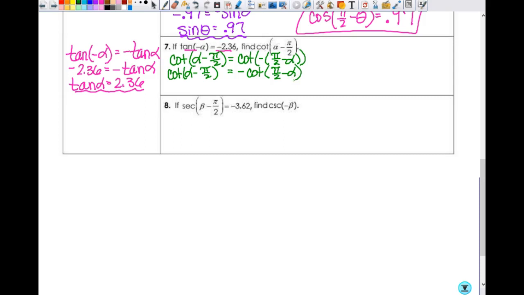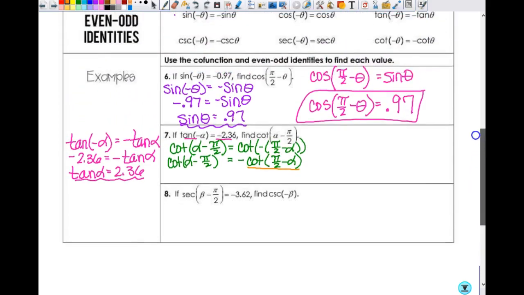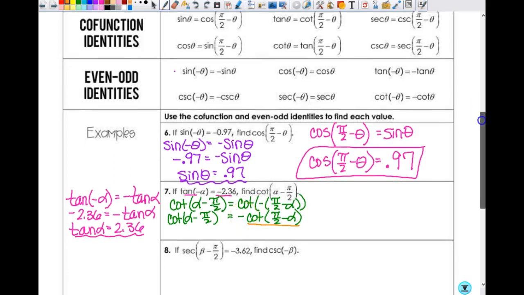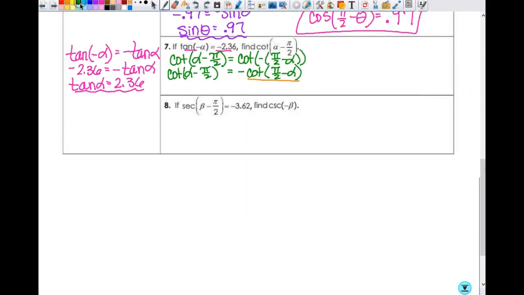Okay, so now the negative version of this is not up there, but the positive version is, and so I could just make whatever it's equal to negative. So when I find cotangent of pi halves minus theta right here, that's equal to the tangent of theta. So if I have the negative of this, that means I can just substitute tangent in here and make it negative. Does that make sense to you? Just got to watch your signs there. So that means I have here that cotangent of alpha minus pi halves equals negative tangent of alpha.